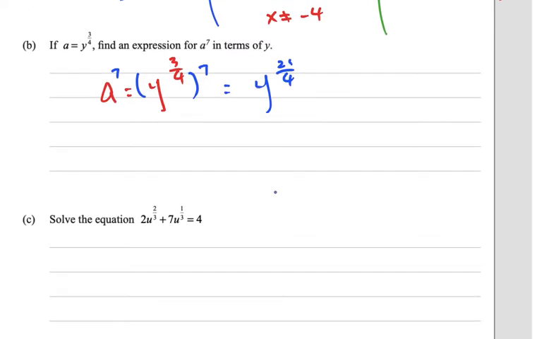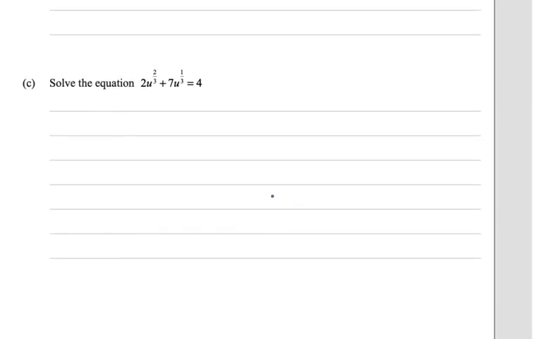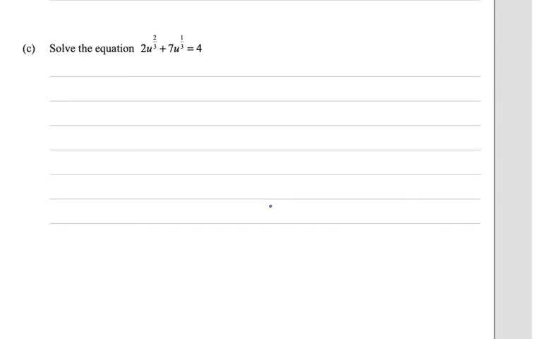All right, question C. So far, for the methods we have, we can solve quadratic equations. We haven't done anything to do with cubics or cubic equations because it's not as common.